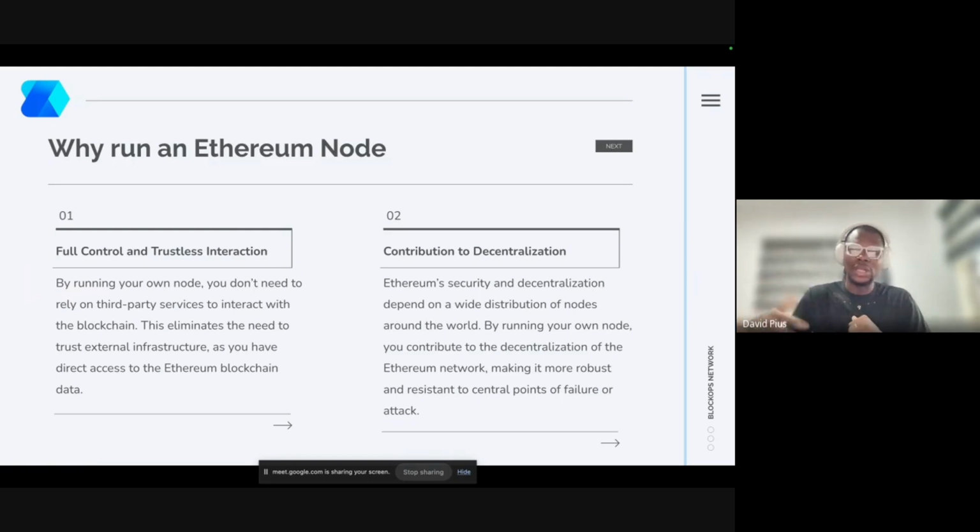It makes the network stronger because you don't have a certain number of persons who alone can make decisions on certain things on the network. When you have more persons from different parts of the world, it makes the network more decentralized.